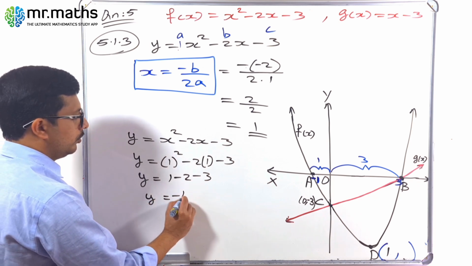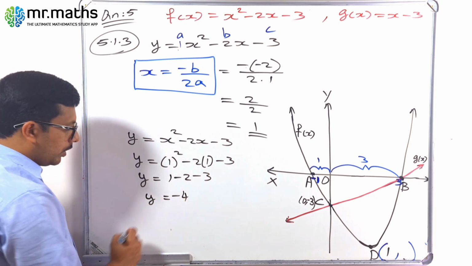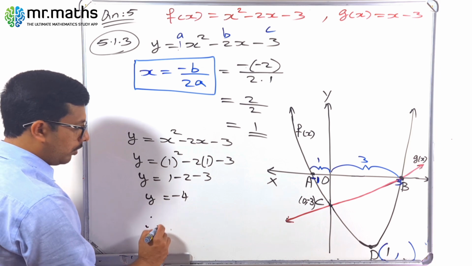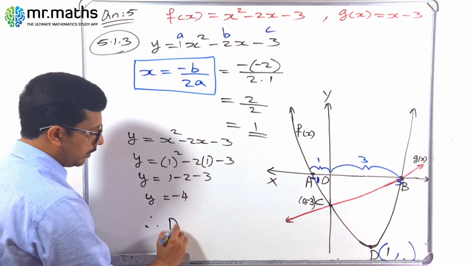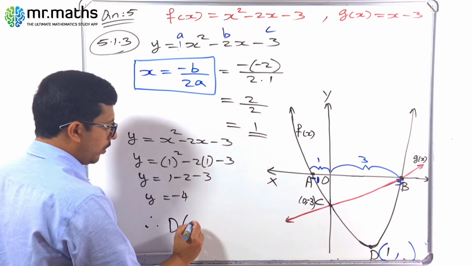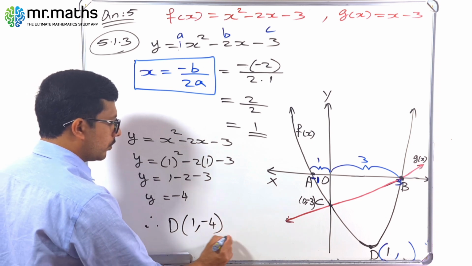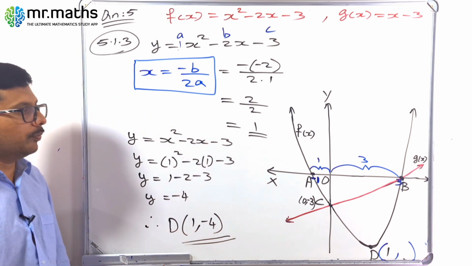So y is equal to minus 4. Therefore the coordinates of D are x value 1, y value minus 4. So it is 1 comma minus 4.